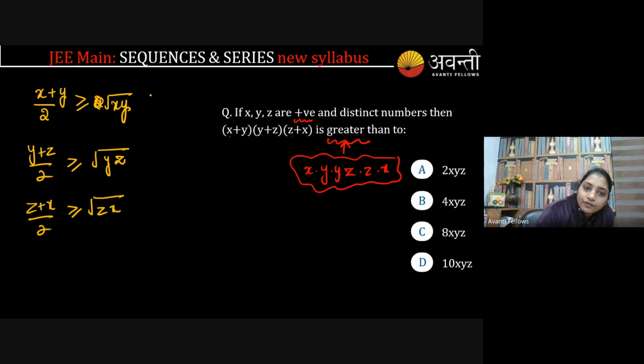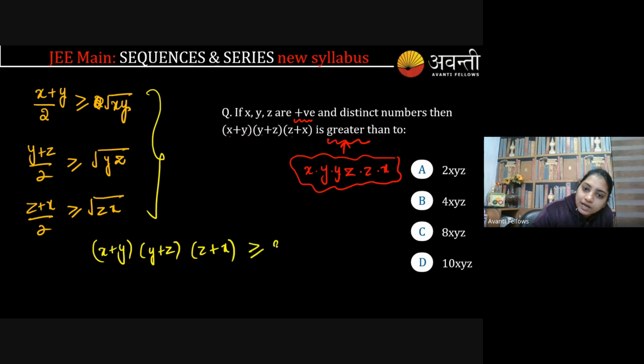Yes, ma'am. When you multiply all three parts, it means x plus y into y plus z into z plus x must be greater than or equal to 8 times under root x square y square z square. It means they must be greater than or equal to 8 into x, y, z. So your answer should be C.